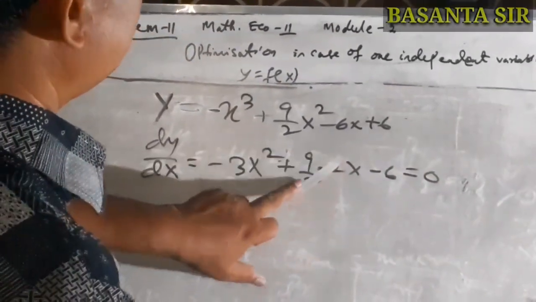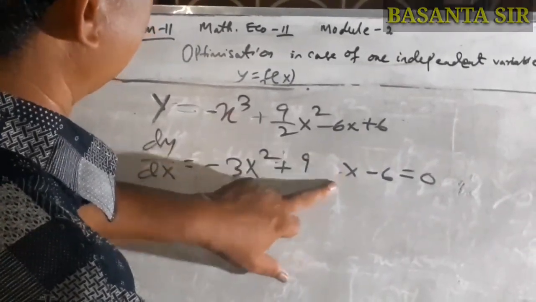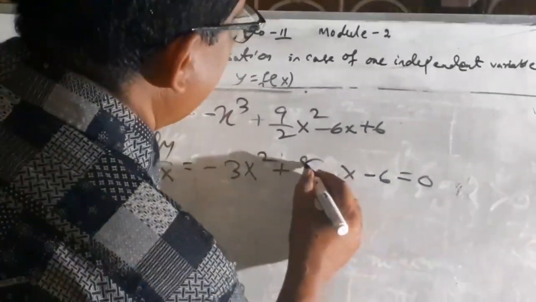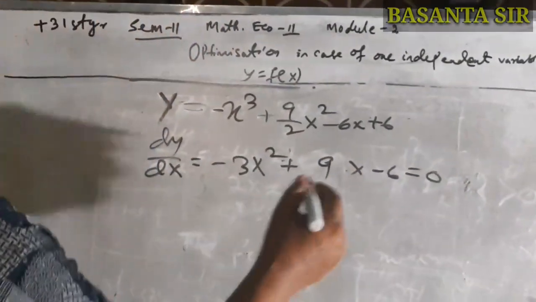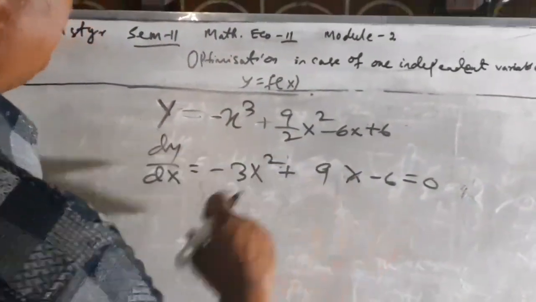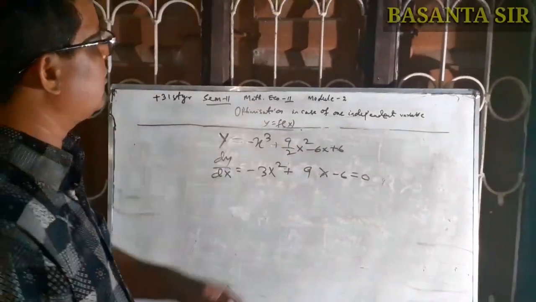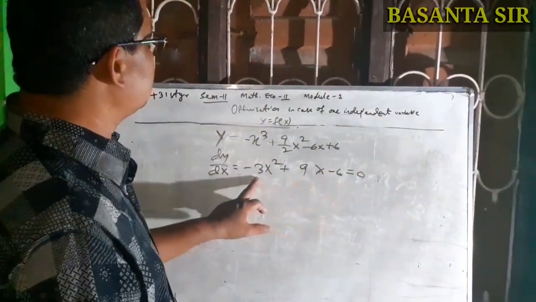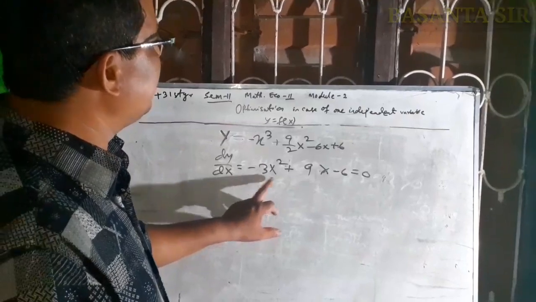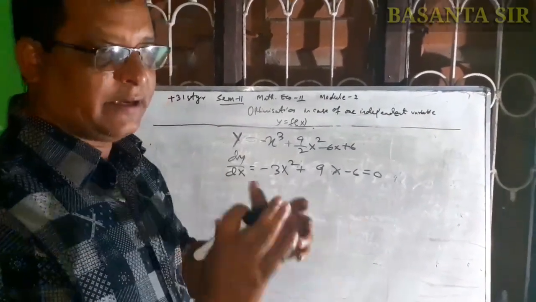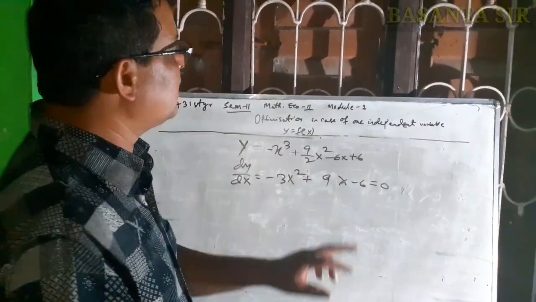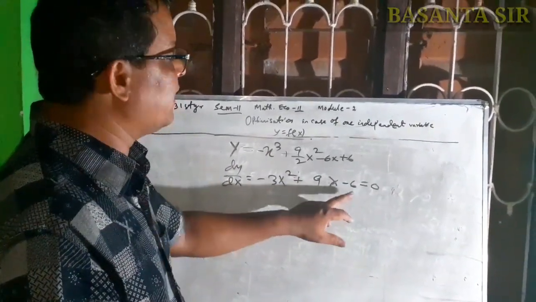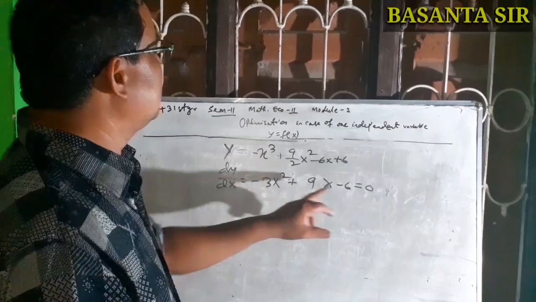We will cut 2 and 2 here. So what we find is 9x. So we will have a factorization here to find the value of x. 6 into 3 equal to 18. 9 should be taken as two numbers so that the addition of the two numbers will be 9 and the multiplication of the two numbers is 18.